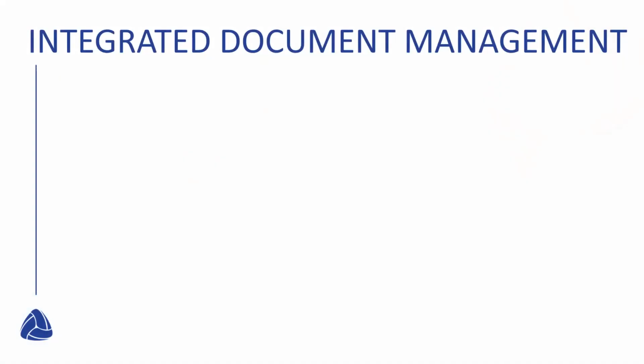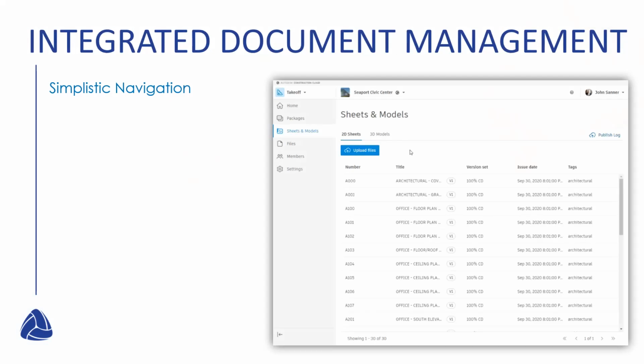So let's begin at the very beginning. This comes from the Integrated Document Management System. If you want to find out more about this item, go see Michiel's presentation on Docs. Remember, Docs has simplistic navigation. The idea here is for users to just click and go.